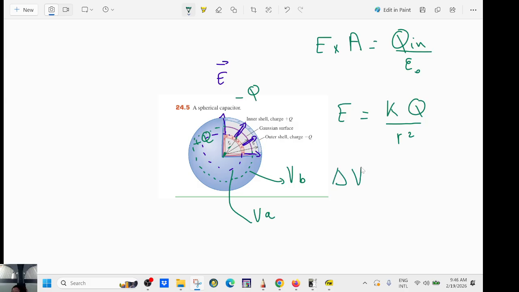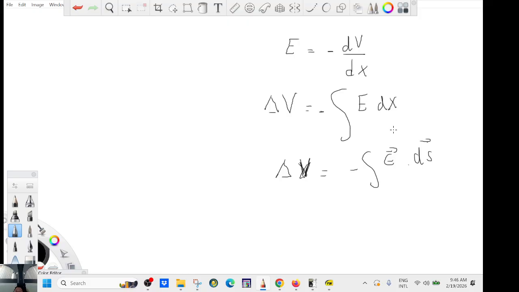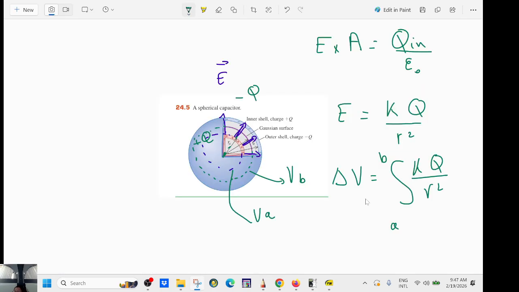So then you integrate from A to B. So again, how do we find the voltage? You integrate. And I don't worry about the sign. It should be a negative sign, but it's a headache. You know that voltage A will be larger than voltage B.